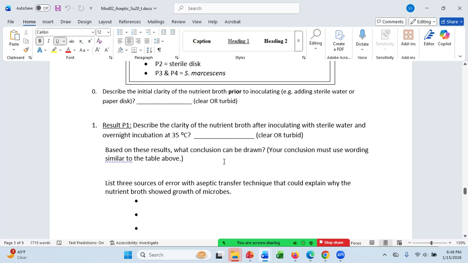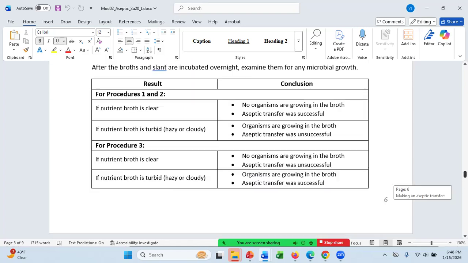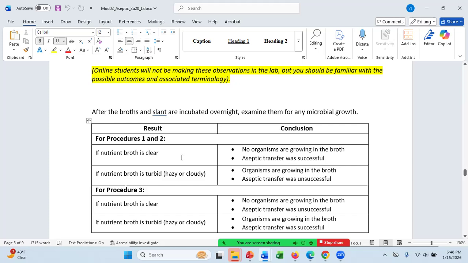And then based on these results, what conclusion can be drawn? Your conclusion must use wording similar to the table above. So let's go to the table. Here's the table for procedure 1. If the nutrient broth is clear, then the conclusion is no organisms are growing in the broth and aseptic transfer was successful.